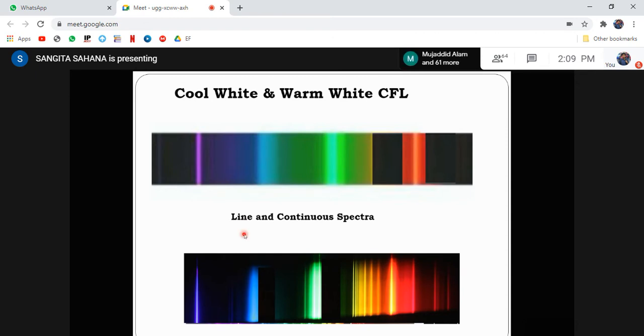So from the color appearance of the source, you can have an idea about the spectrum of the source also. And here, during the measurement, we have to write down the value of these discrete lines as well as the range, means the starting point and the end point.